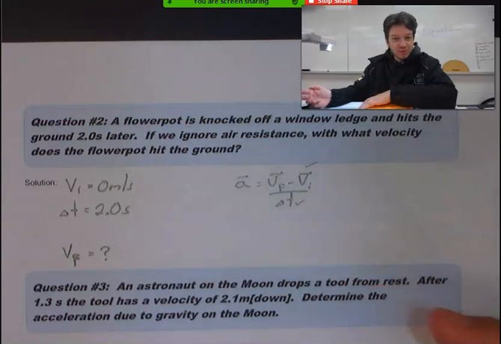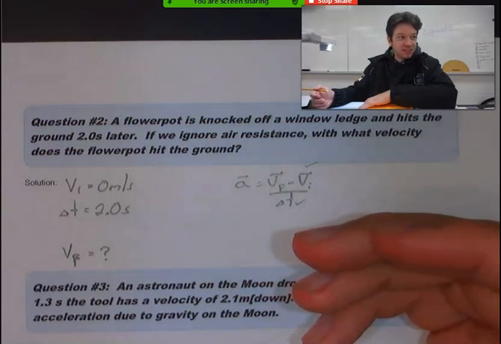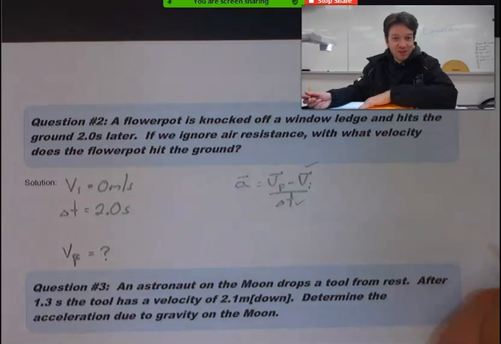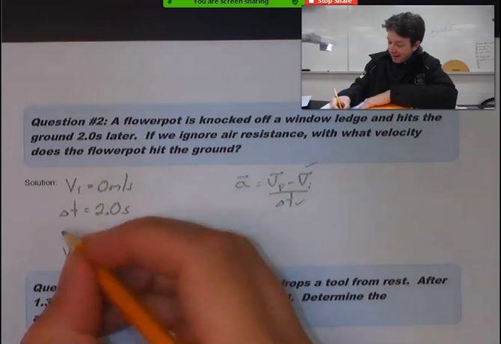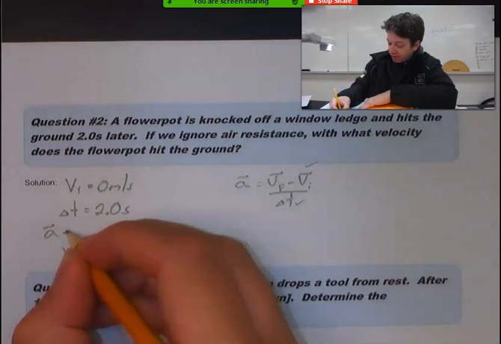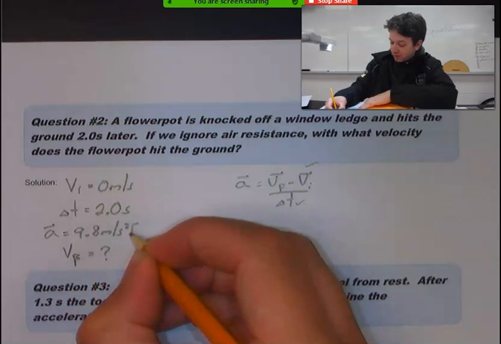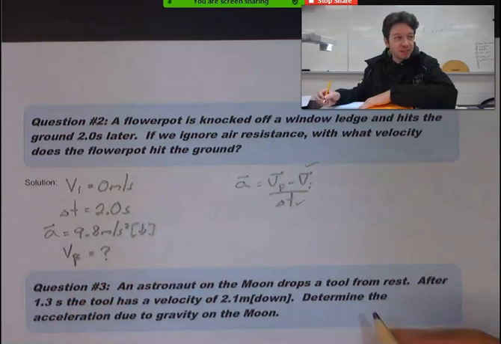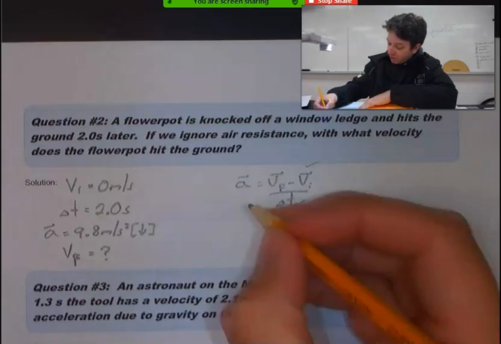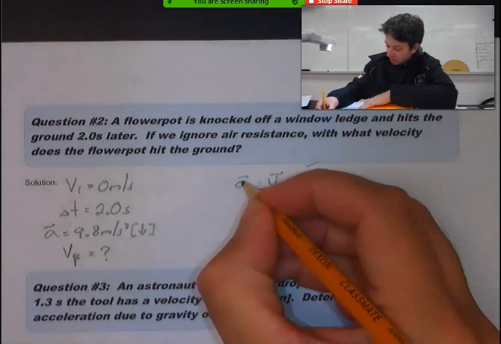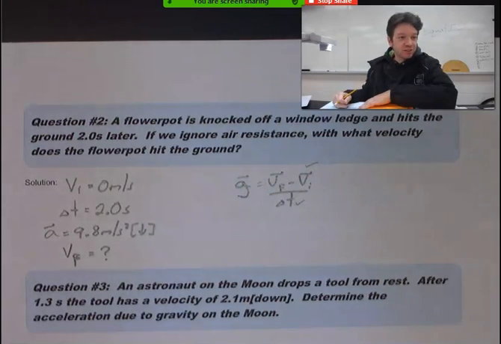In these types of questions, you need to realize that, unless they say otherwise, we're on Earth. And if we're on Earth, we can assume a to be 9.8 meters per second squared down, the acceleration due to gravity. And if you want, you can even write that as g, so that you remember.